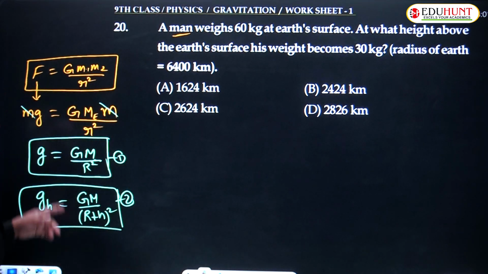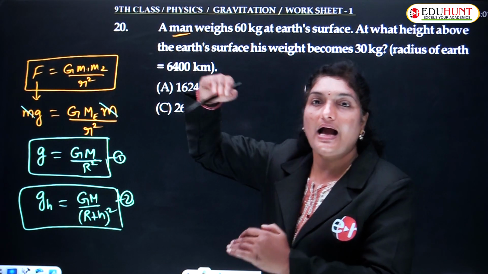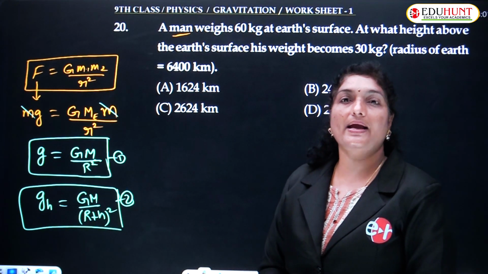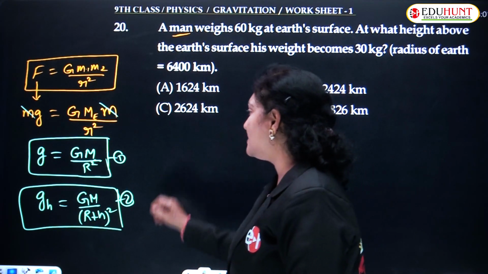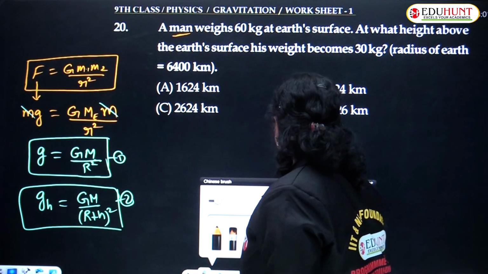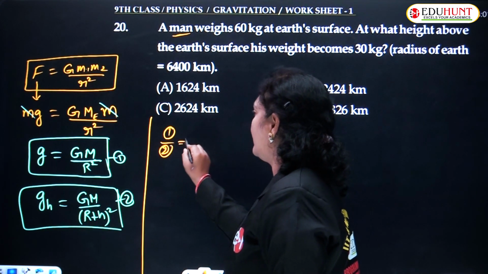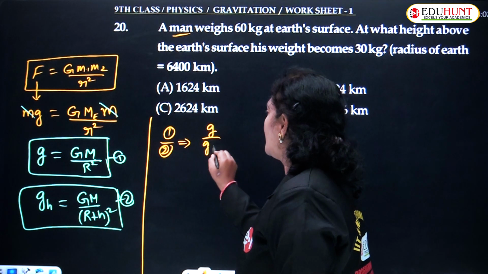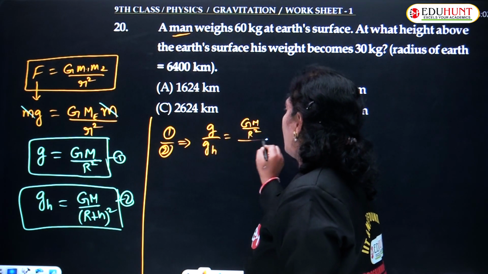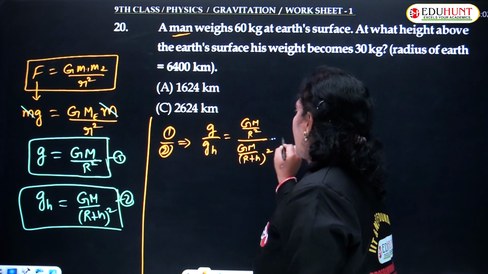On the surface of the earth, acceleration due to gravity is given as GM by R square, and at a certain height h above the surface of the earth, it is given as gh equals GM by (R plus h) whole square. So dividing these two equations, let us see what happens. Equation 1 upon equation 2 gives g upon gh equals GM by R square upon GM by (R plus h) whole square.